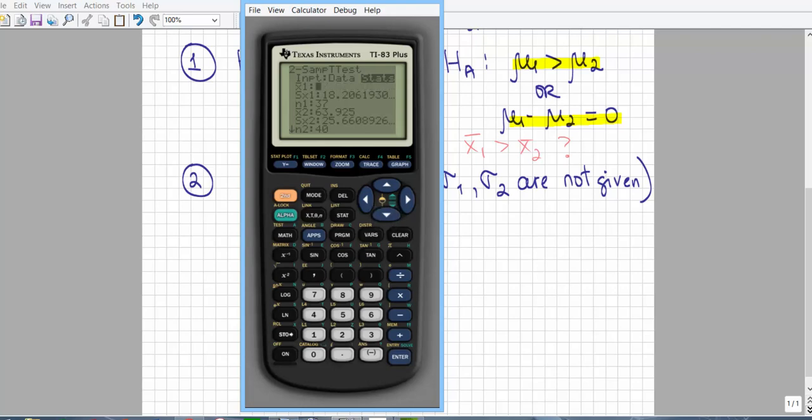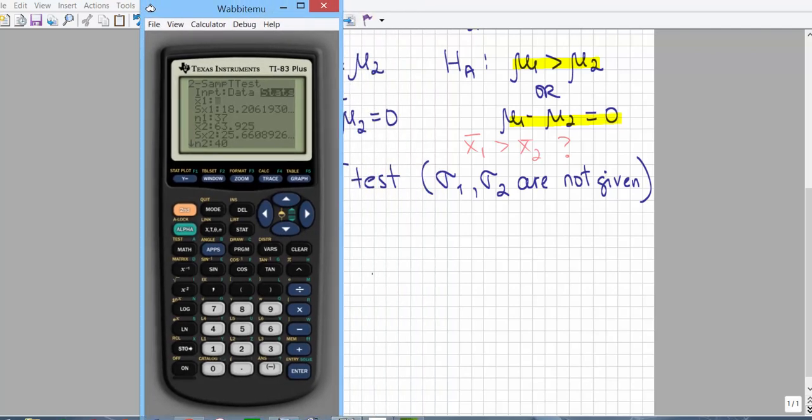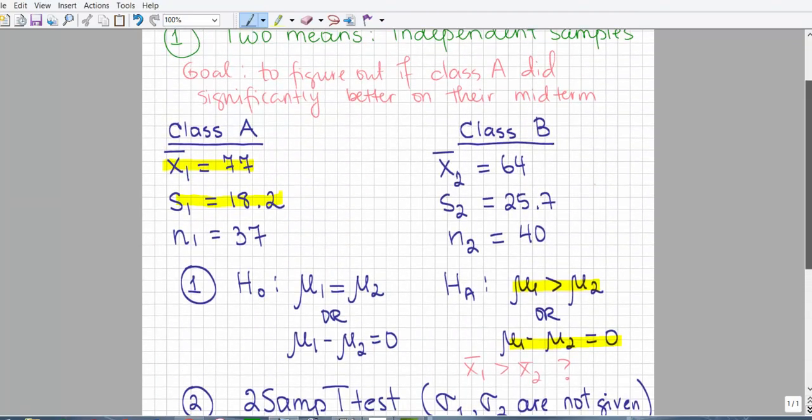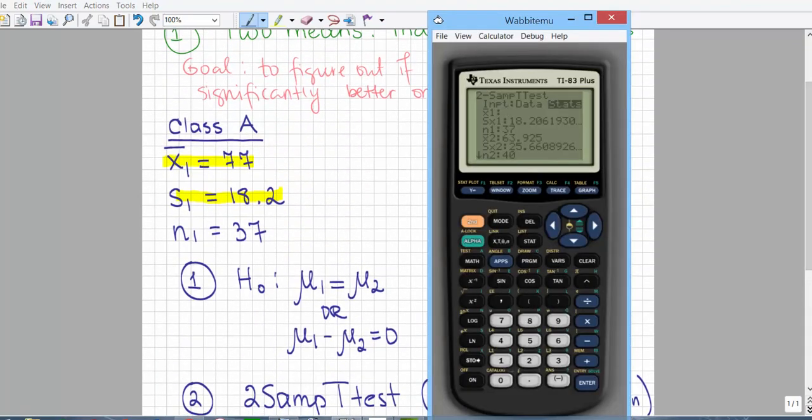So let me just go ahead and delete that real quick. Now let's plug in our approximated values. 77, and we said 18.2 here. The sample size is 37. And let's go ahead and make this 64.